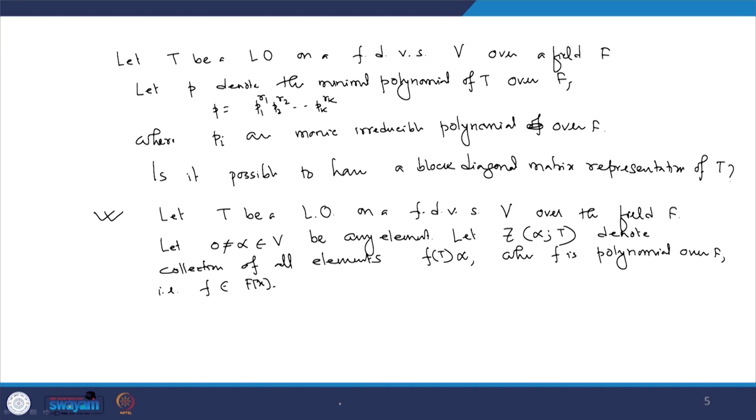So, this implies alpha, T alpha, T square alpha all will be in Z(alpha, T).